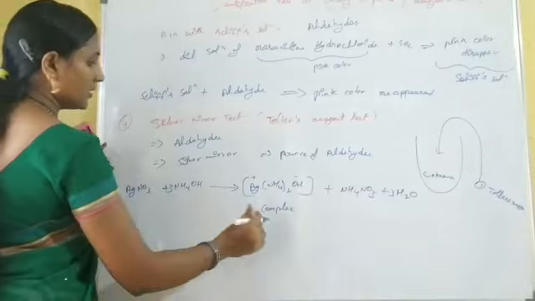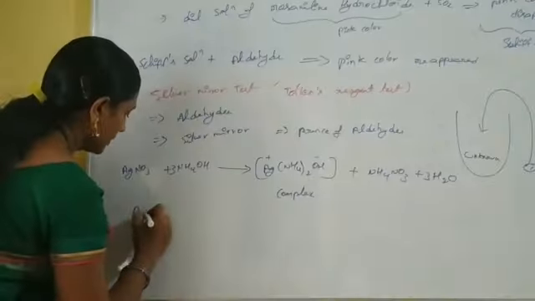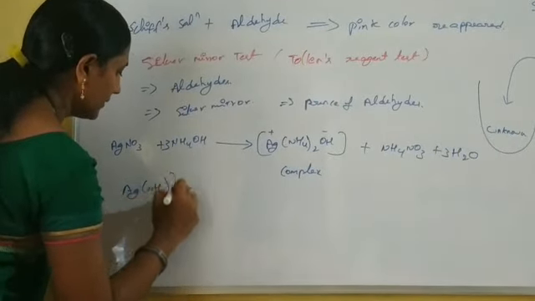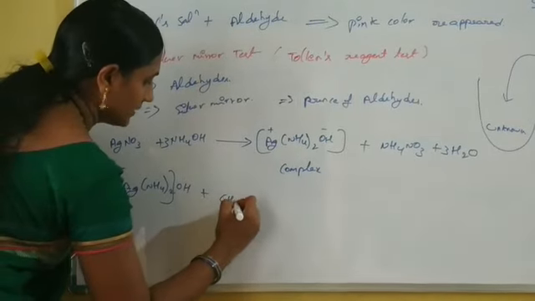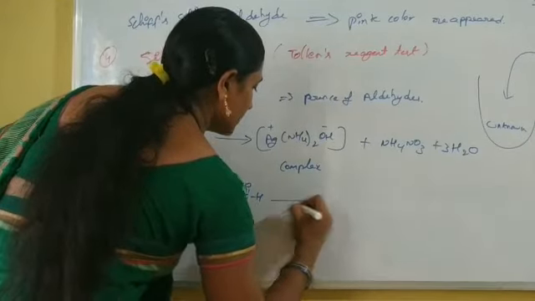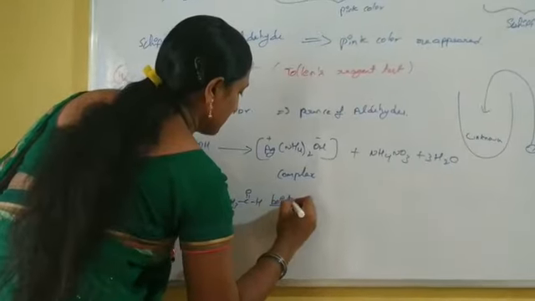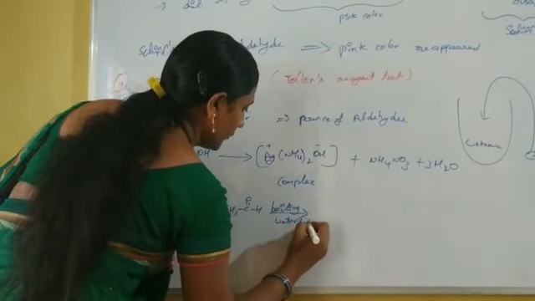Now this ammoniacal silver nitrate is treated with an aldehyde like acetaldehyde, boiling in a water bath for a few minutes.